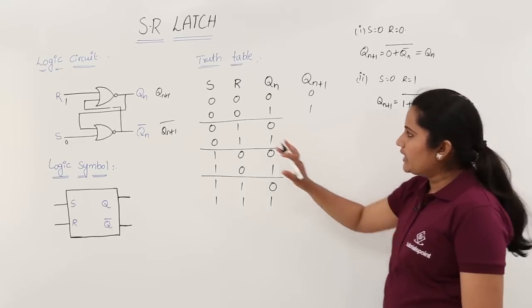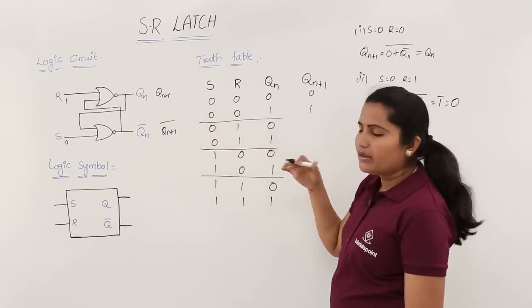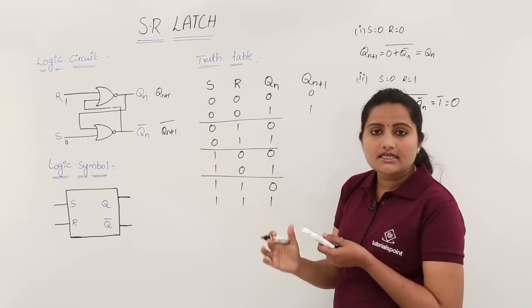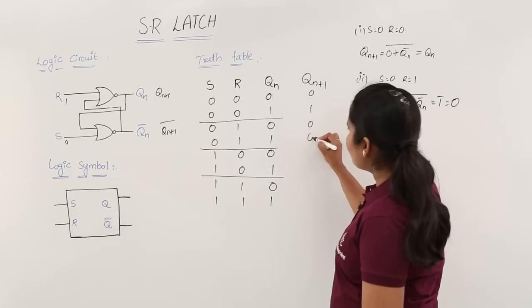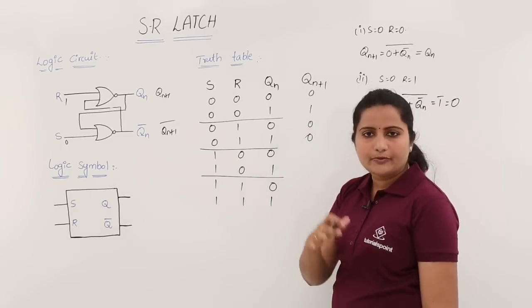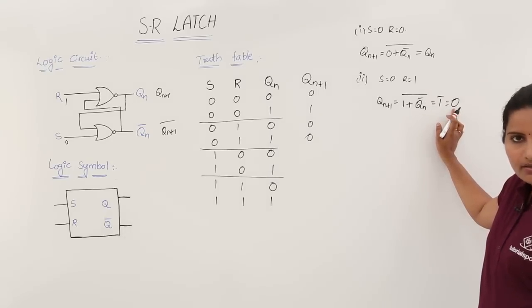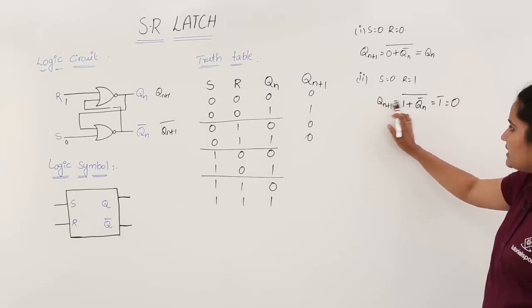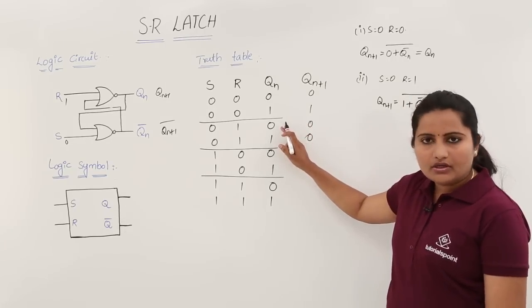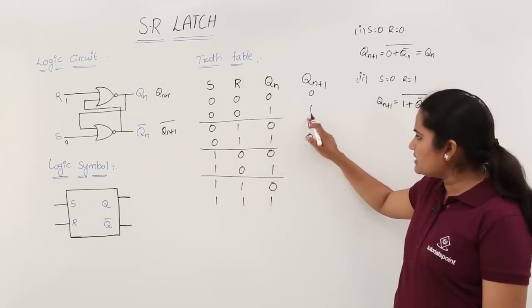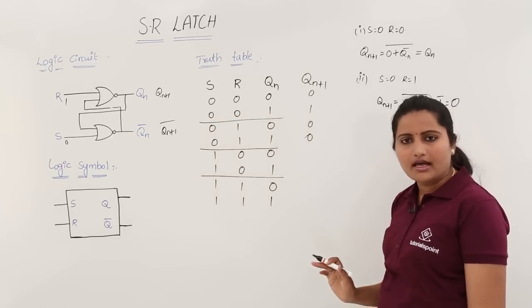That means in case of S equal to 0 and R equal to 1, Qn may be anything, your next state is pulled down to 0. Without knowledge about Qn, your next state is 0. So this is not dependent upon Qn. That means your next state is not dependent upon the present state, in this condition of S equal to 0, R equal to 1.